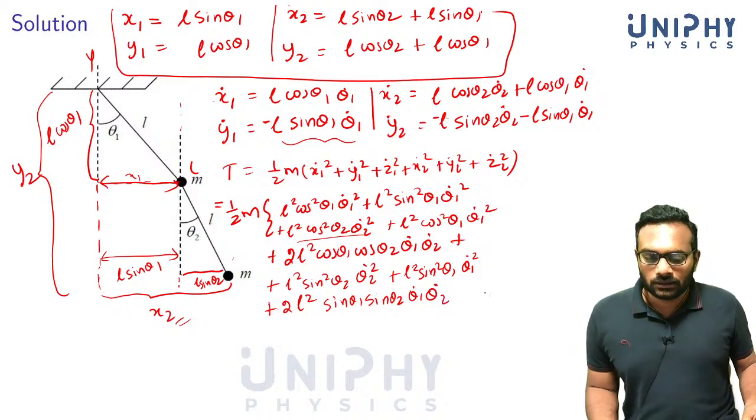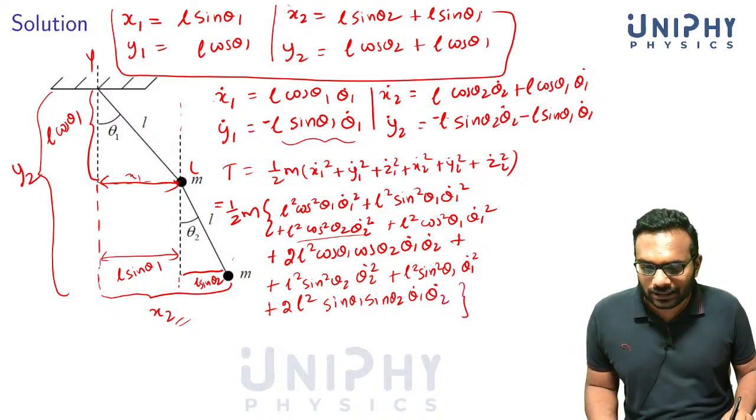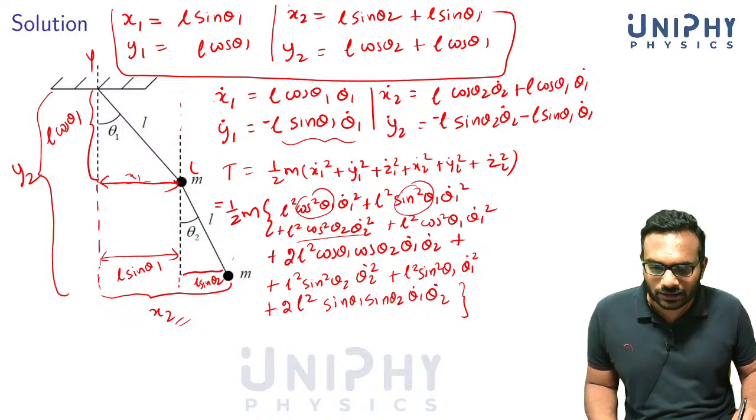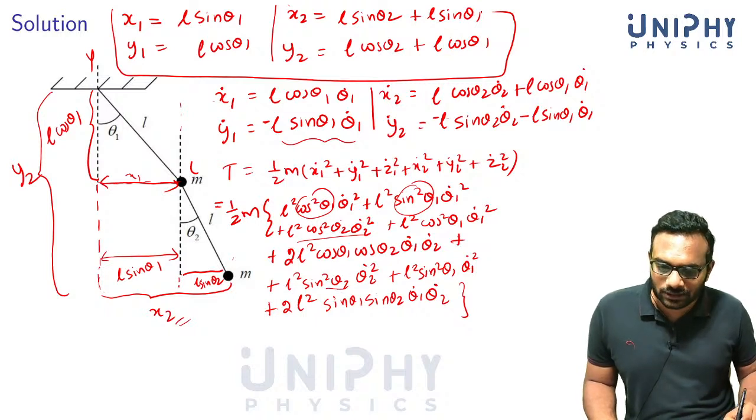So you just add these things. You notice that cos square theta 1 plus sin square theta 1 is 1, so you get an L square theta 1 dot square from here. Here there is a cos square theta 2 and here a sin square theta 2, that gives you L square theta 2 dot square. And here you also get an L square theta 1 dot square.